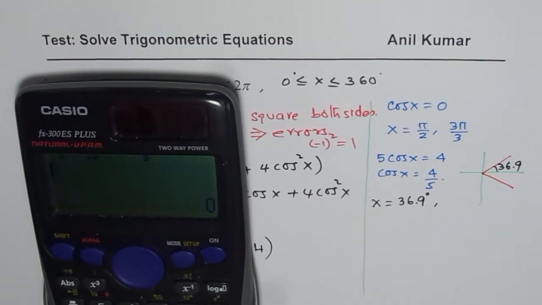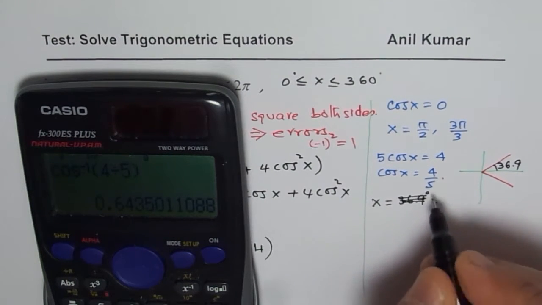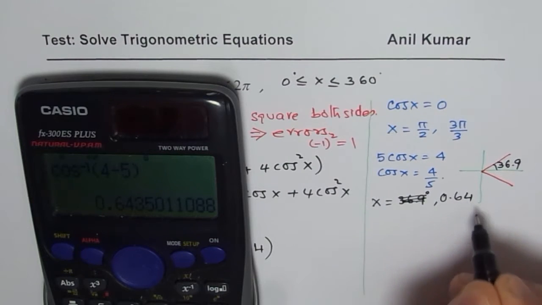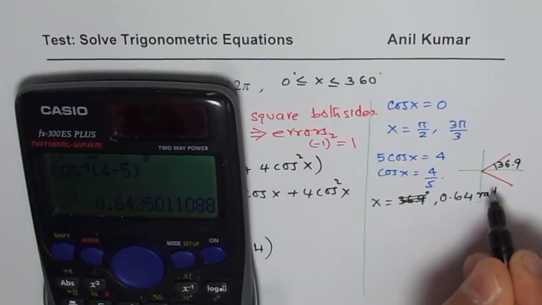So we'll do shift cos inverse of 4 divided by 5, and what we get is 0.64 in radians. Is that okay? So that is one.